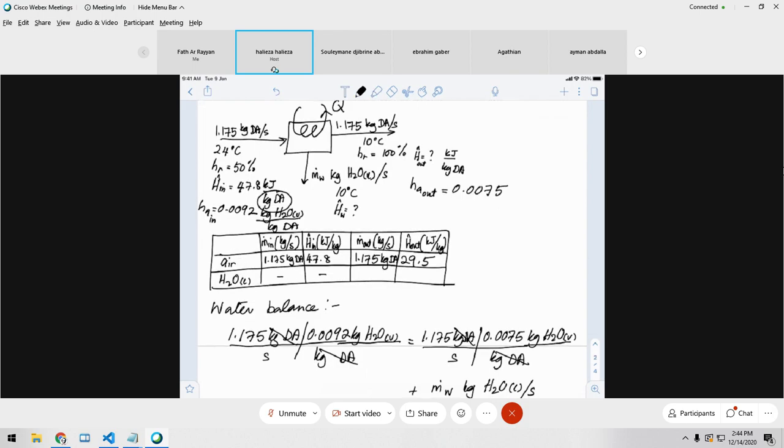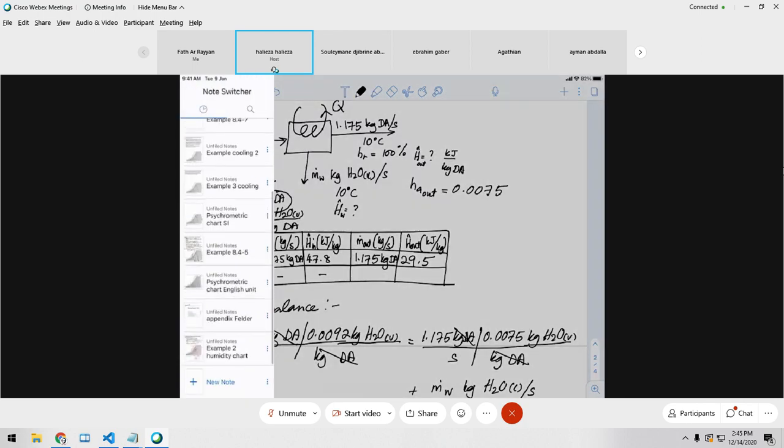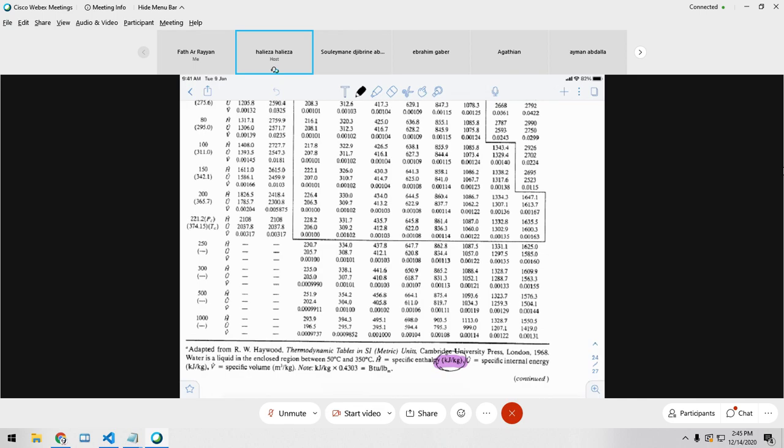So if you look up your appendix, table B5, let me unshare this so that I can show you the appendix. Oh yes, I do have it here. Let's find appendix B5.